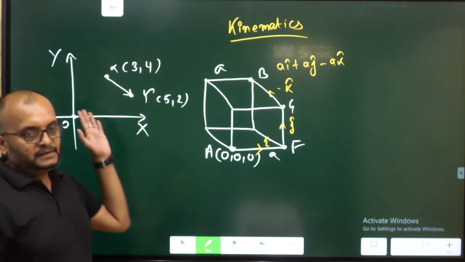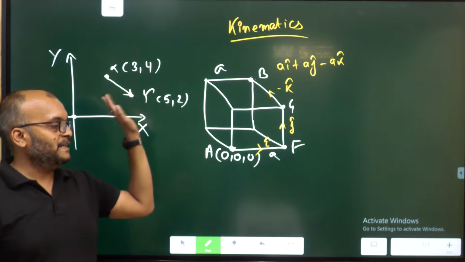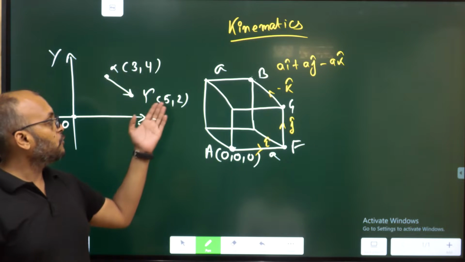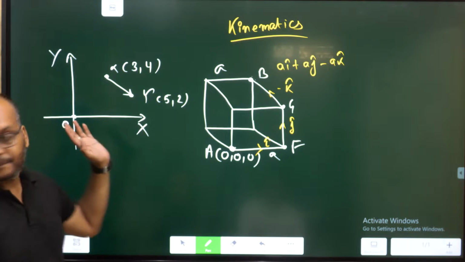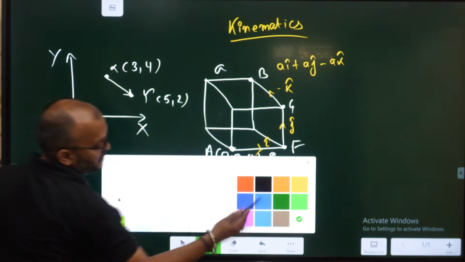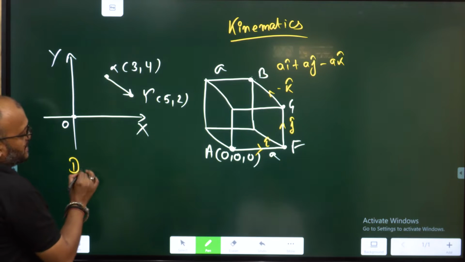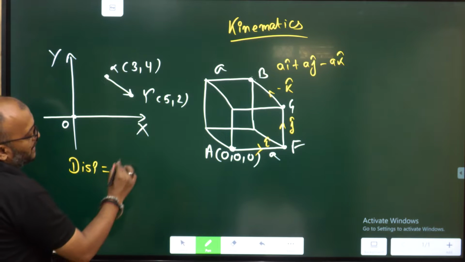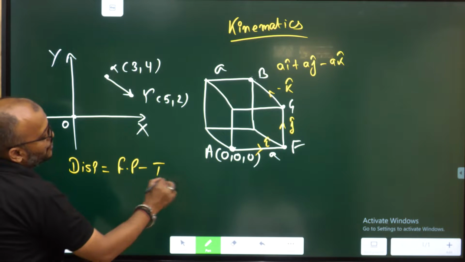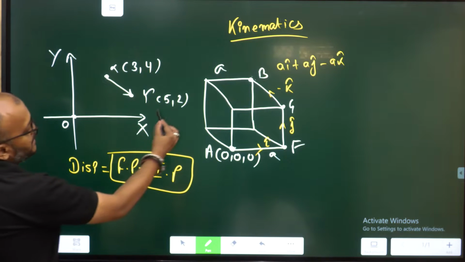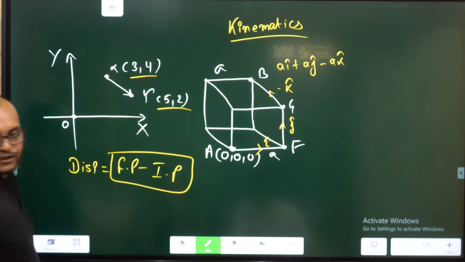So see, you can find the displacement in terms of coordinates also, in terms of vectors also. How to find in terms of coordinates? Always remember this formula for displacement. It comes from the displacement vector. Displacement is equal to final position minus initial position. This is your final position, this is your initial position.